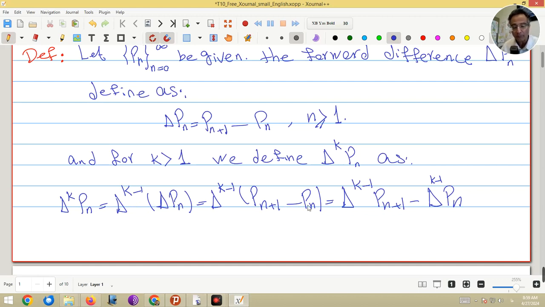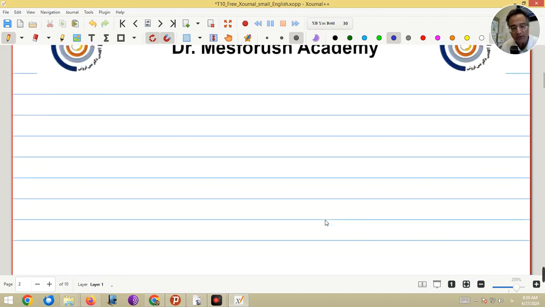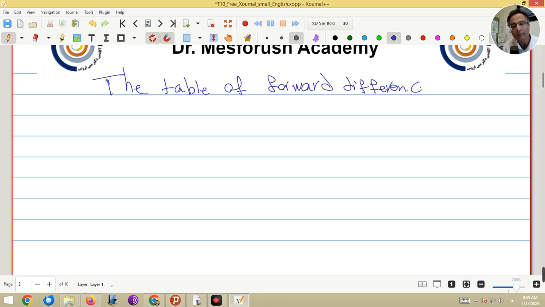Okay, so in this case, if we want to construct a table for the forward differences, we can do it easily. Let me write here the table of forward difference. Let me have a table like this.